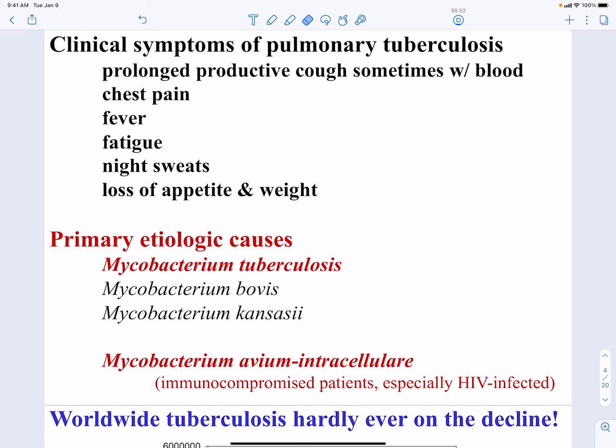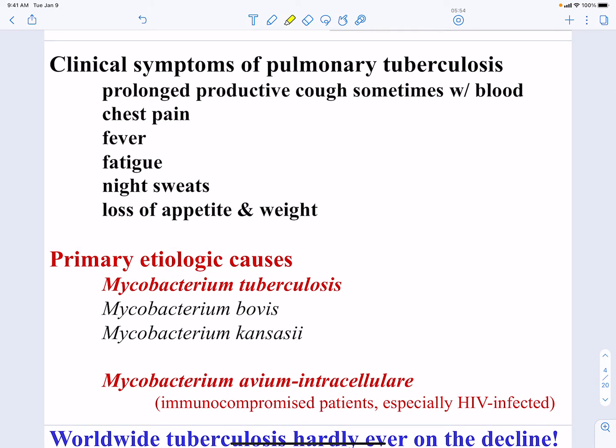The primary cause is, of course, tuberculosis. There are some others. There's Mycobacterium bovis and Mycobacterium kansasii, which can cause similar symptoms. And then Mycobacterium avium is going to cause primarily pulmonary tuberculosis-like disease in immune-compromised, especially HIV-infected patients.